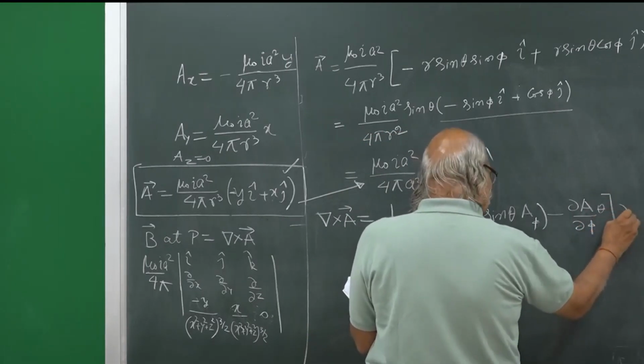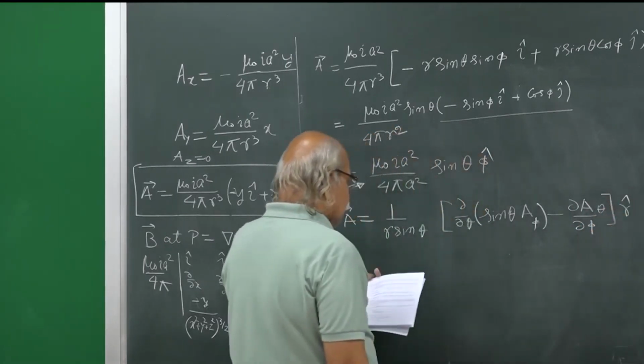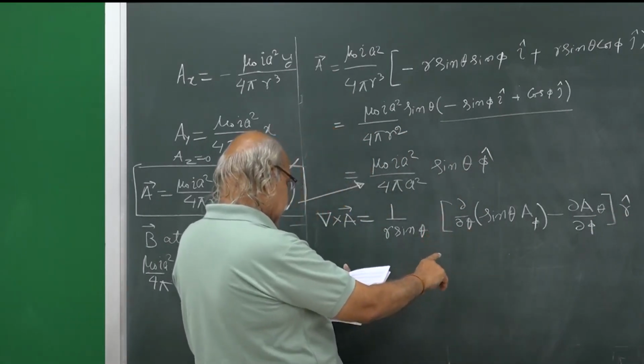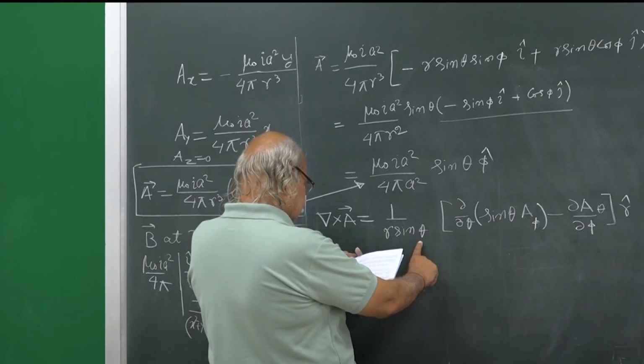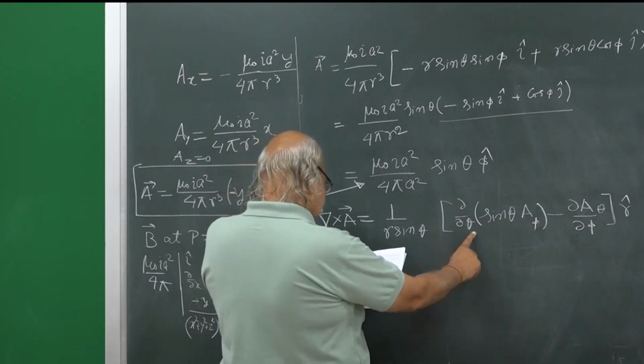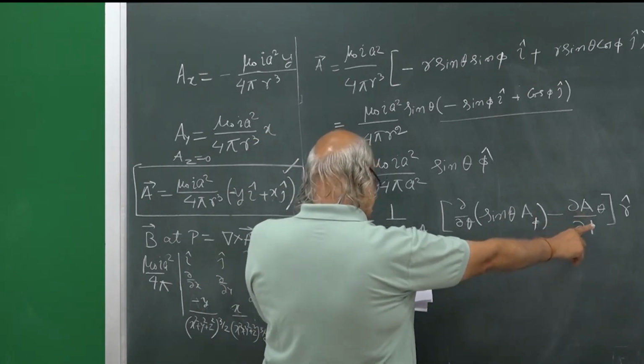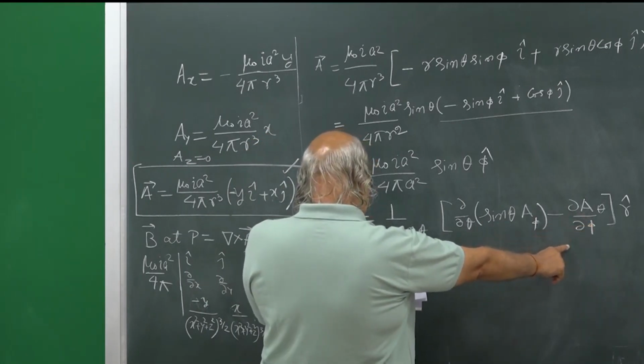This is with the r cap direction. So there are 3 terms. This is the r cap term, which is 1 by r sin theta, del theta of sin theta A phi, minus del A theta by del phi.